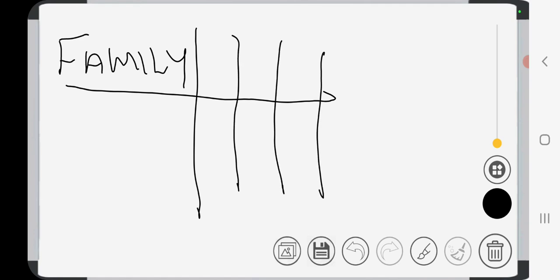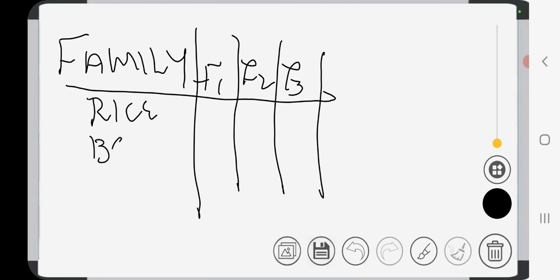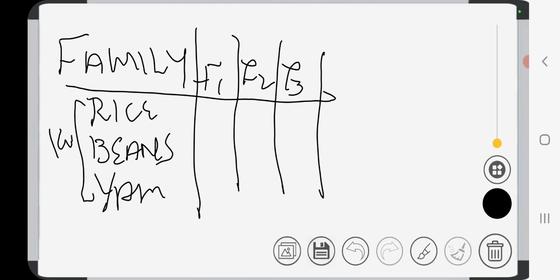I'm having a family 1, family 2, family 3, and then the foodstuff the family has in kilogram. I have rice for each of the family, then beans, and then yam. Let's say all these food, they are in kilogram.